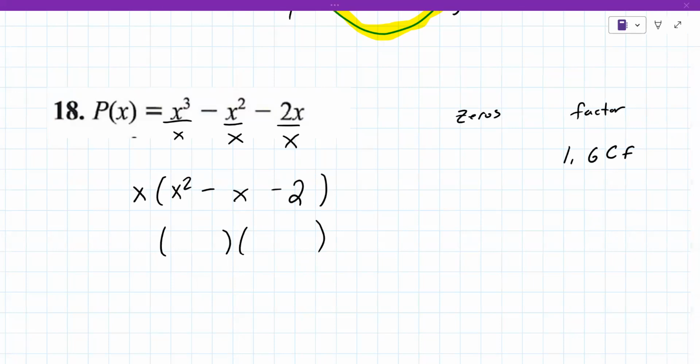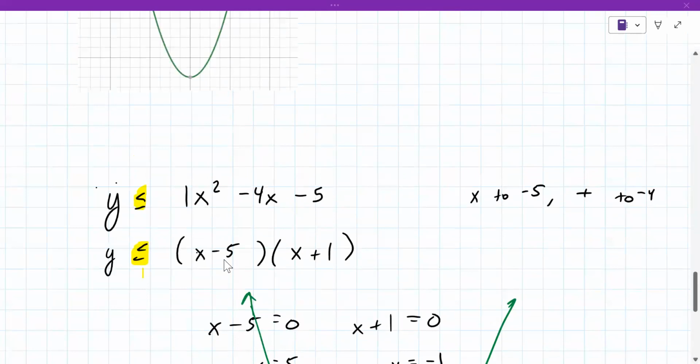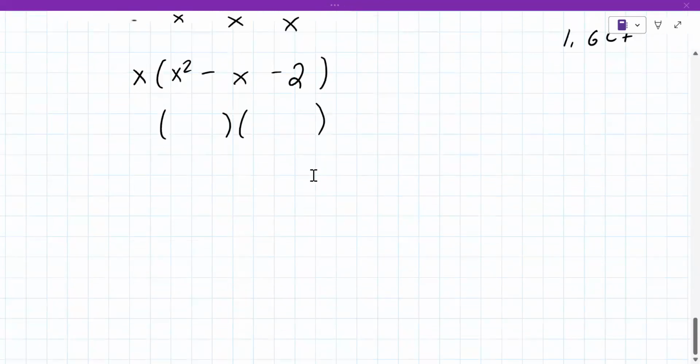I don't get it. Okay, what did we do here in this one? How did you come up with x minus 5, x plus 1? What's the number we have? Well, find what it multiplies and adds to -4.